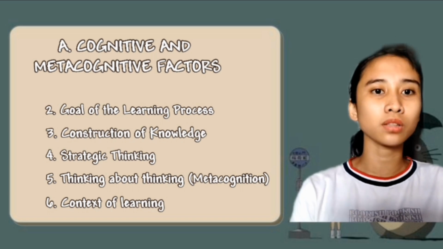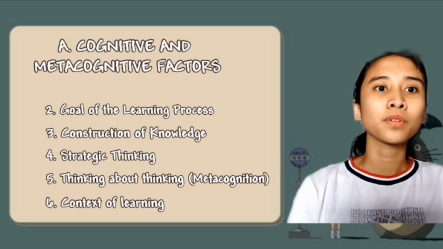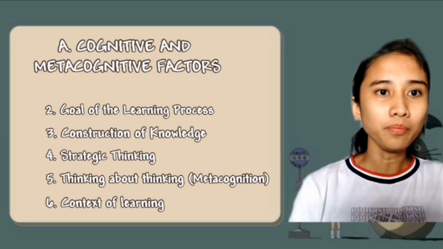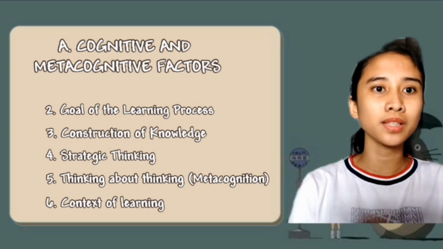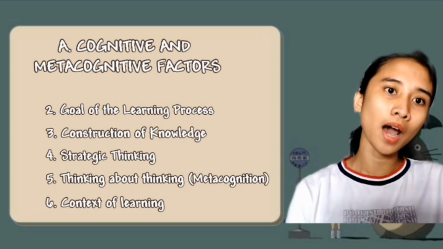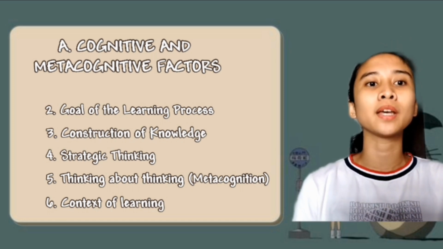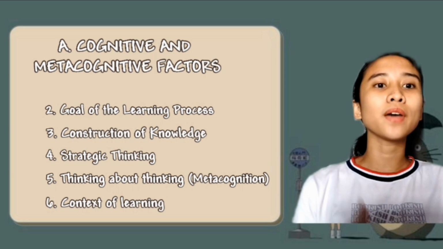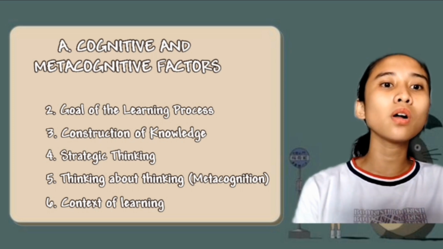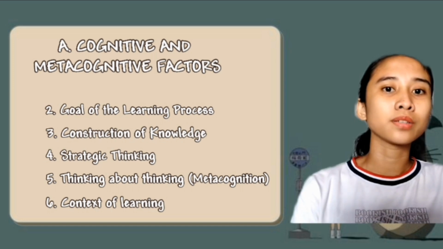Number 4, apply strategic thinking to problem solving. Number 5, reflect on learning and adapt their strategies. Number 6, learn in a supportive environment that fosters growth. By understanding these cognitive and metacognitive factors, we can all become better, more independent learners.